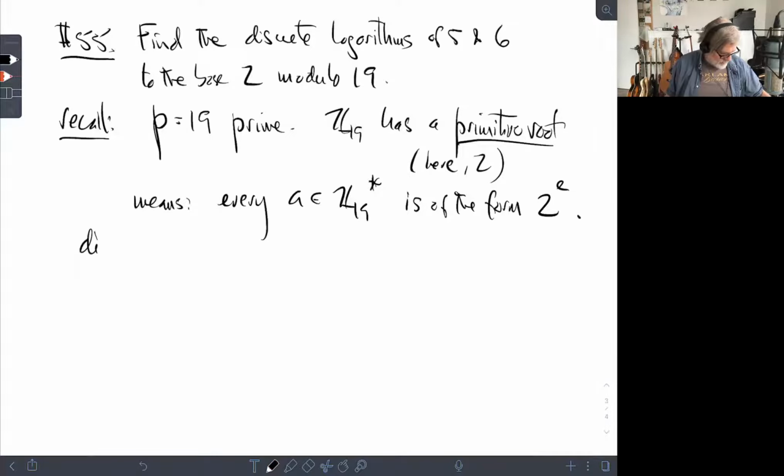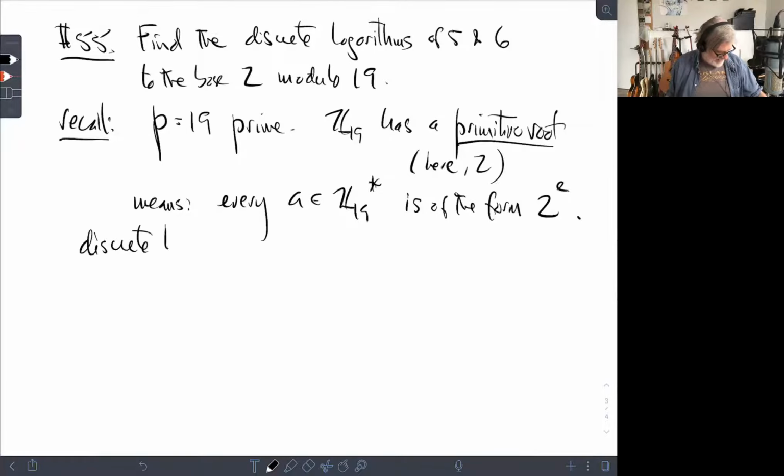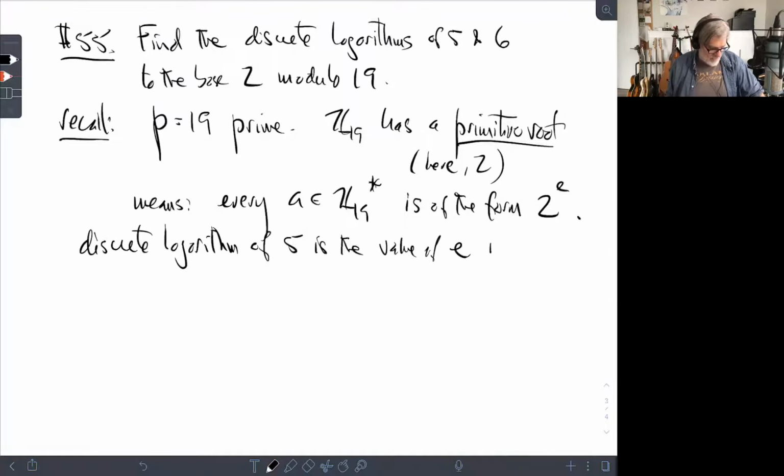The discrete logarithm of 5 is the value of E if 5 equals 2 power E mod 19. And keep in mind, this is important, that it is believed to be difficult to find this value.